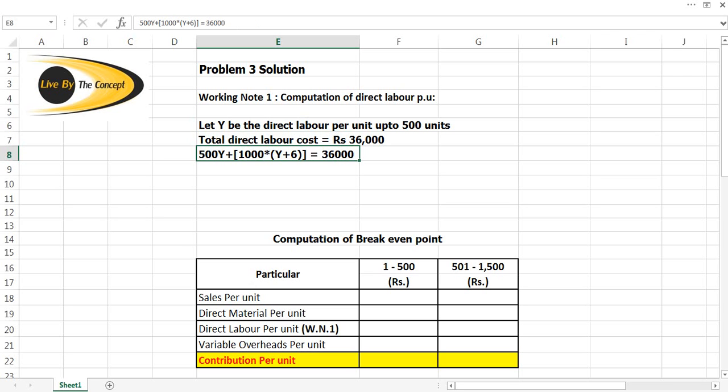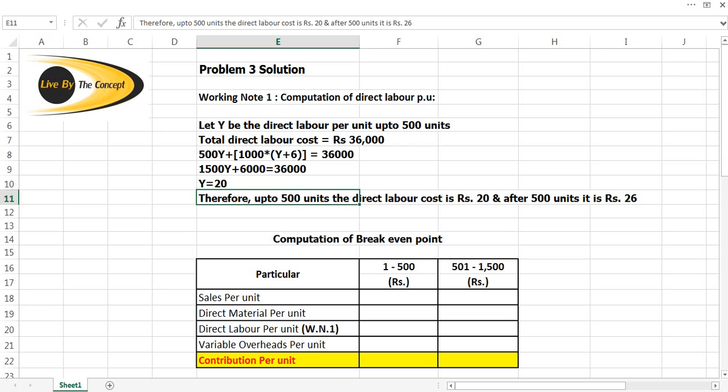So the equation is 500 units multiplied by Y plus, as you cross 500 units, that is 1000 units, into Y plus 6, that is labor cost plus premium, which equals 36,000. Once you solve the equation, you will have Y equals 20. That means for the first 500 units, your direct labor cost will be rupees 20, and once you cross 500 units, your direct labor cost will be rupees 26.